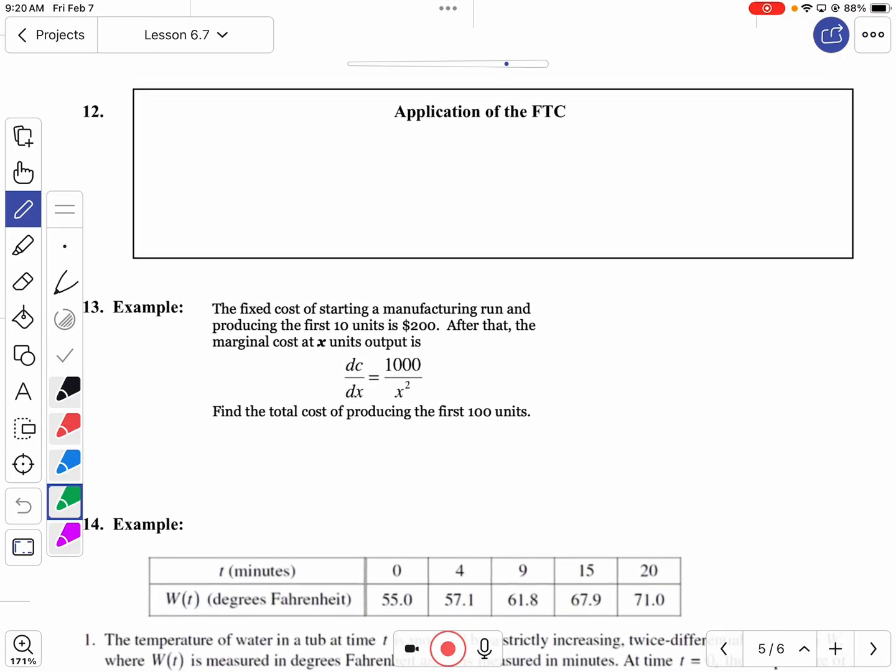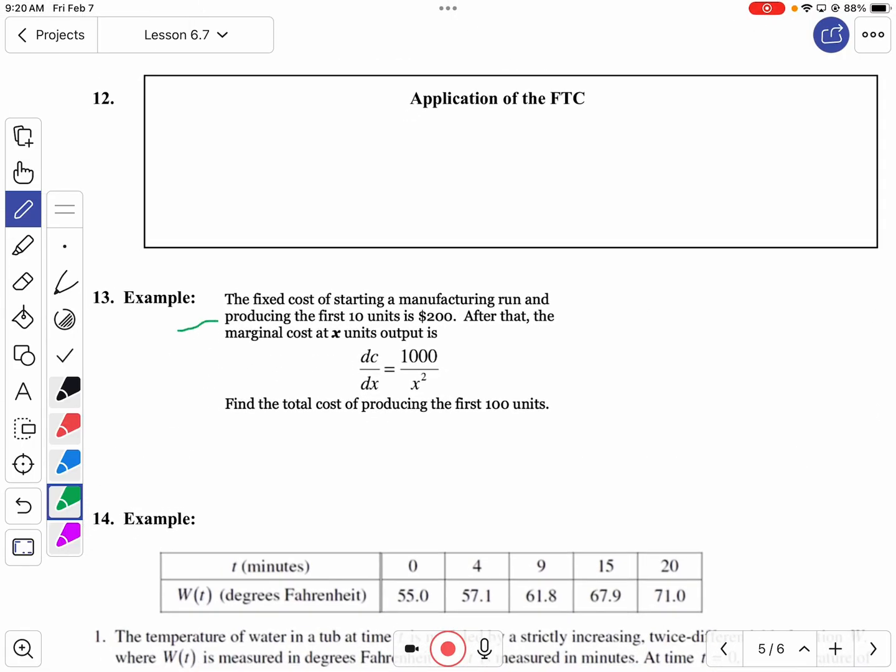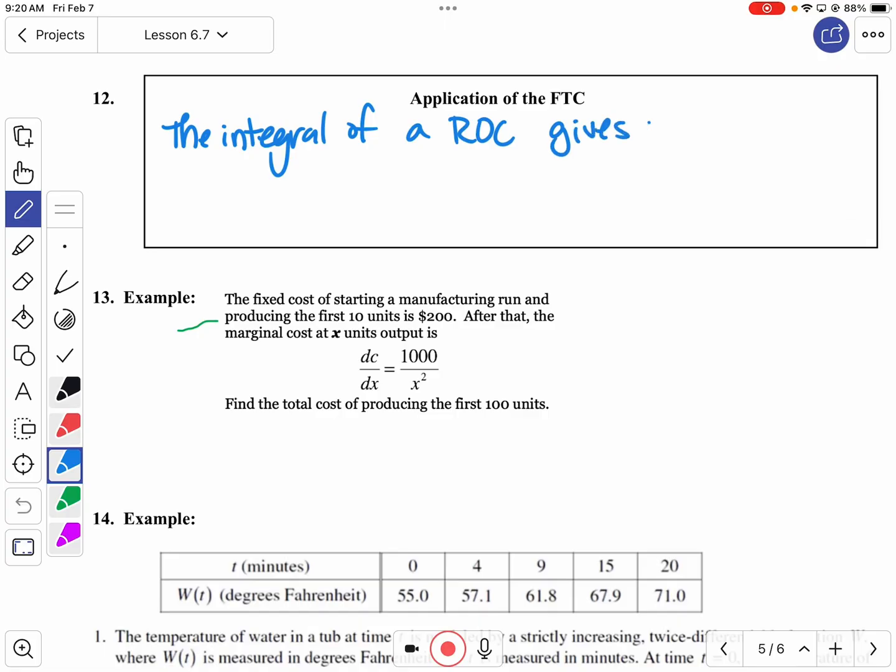All right, so the main application of the fundamental theorem is this: if we take the integral of a rate of change, it gives us net change. Right?